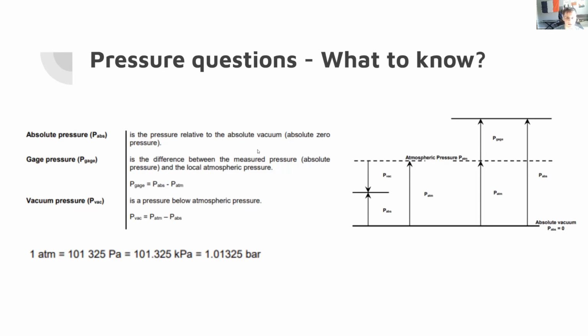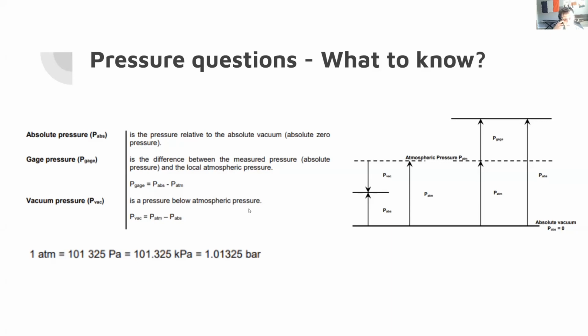Absolute pressure is the pressure relative to absolute vacuum, so compared to no pressure. Most of the time that means that you have to take into account your atmospheric pressure, which in most cases will be this value. I would recommend that you learn it by heart: 101.3 kilopascal.